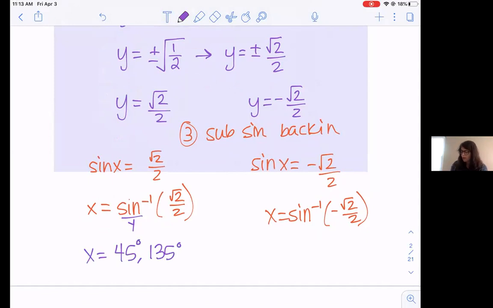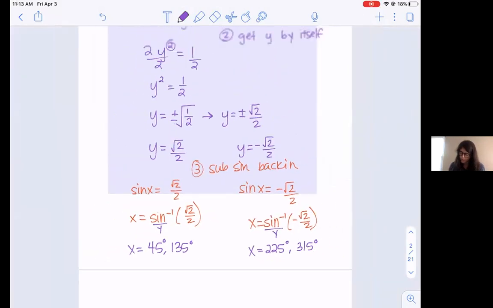Okay, and then on the other side, the angles that give me a y value of negative square root of 2/2 are going to be, let's see, 225 degrees and 315 degrees. Okay, I'm just getting that right from your unit circle.